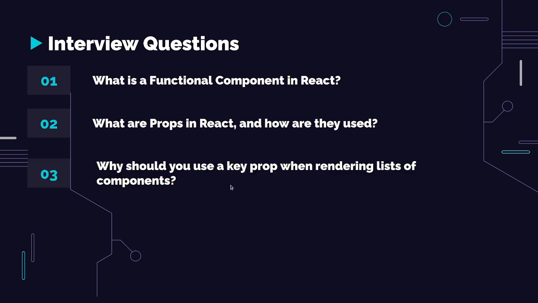Our next question is, why should you use a key prop when rendering a list of components? The key prop helps React identify which items have changed, which items have been added or removed in a list.